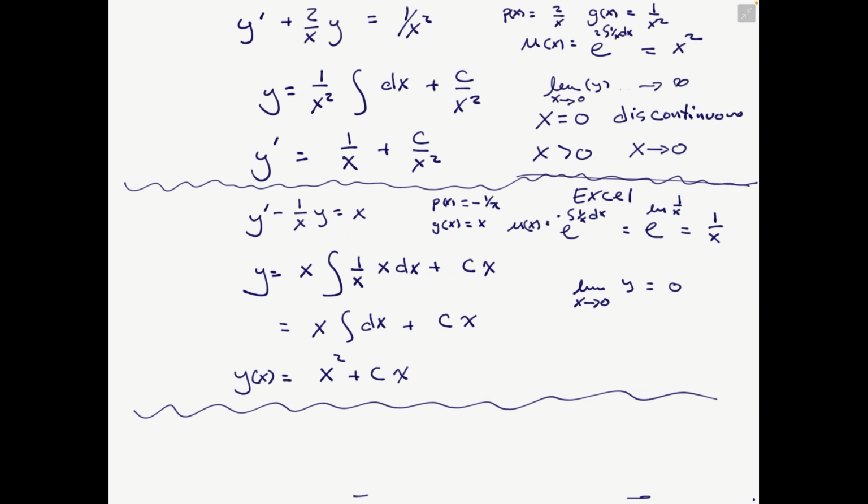So here's the second one. y is equal to x squared plus cx. We got a family of curves there. And every one is going to go through 0.